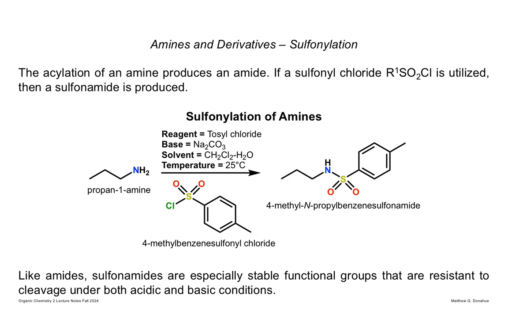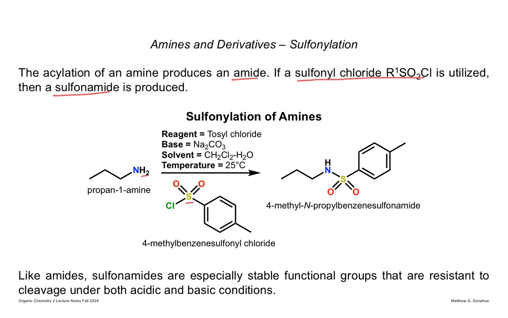So we saw that acylation of an amine produces an amide. If we use a sulfonyl chloride, we produce a sulfonamide. So a sulfonamide you can think of as sort of like an acid chloride, except now we're using sulfur, which has an expanded octet. The same principles apply.